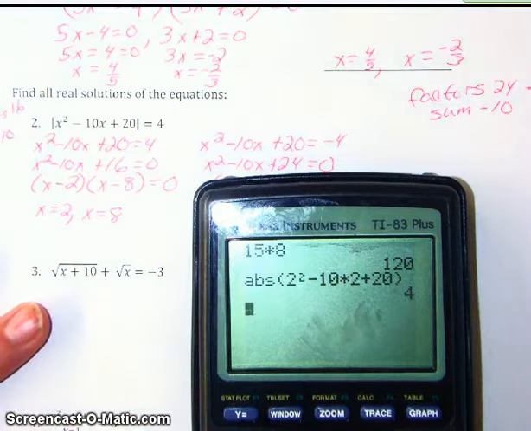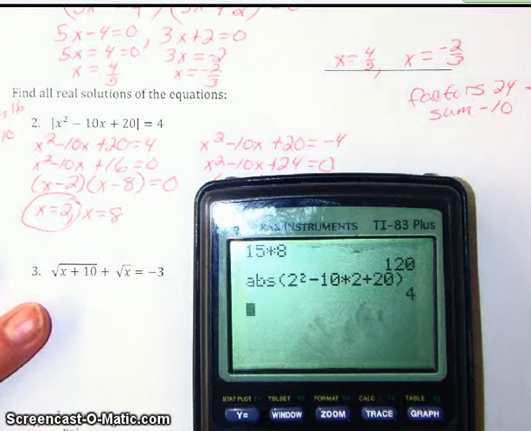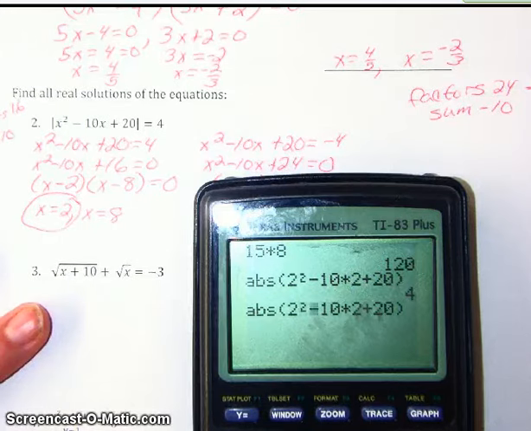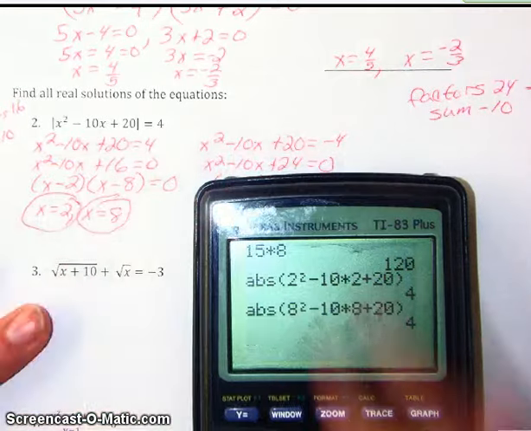So that means that 2 is a solution. Okay, I'm going to do the same thing, but I'm going to substitute 8 in. And I got 4. Okay, so that means that 8 is a solution.